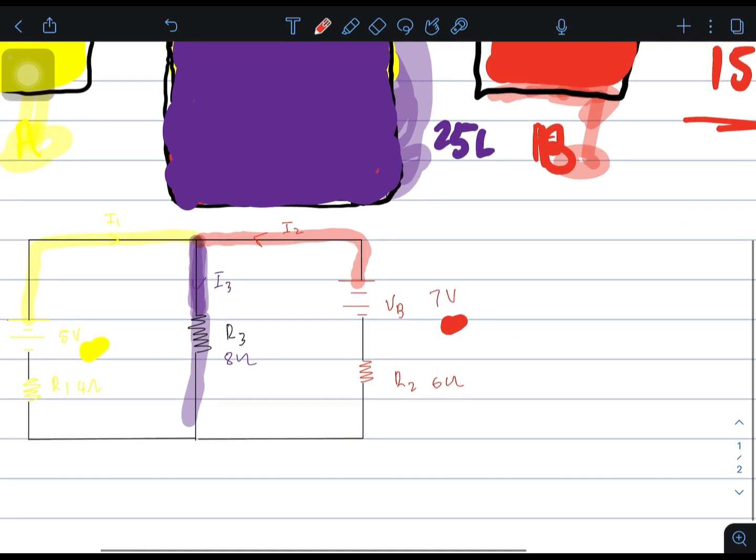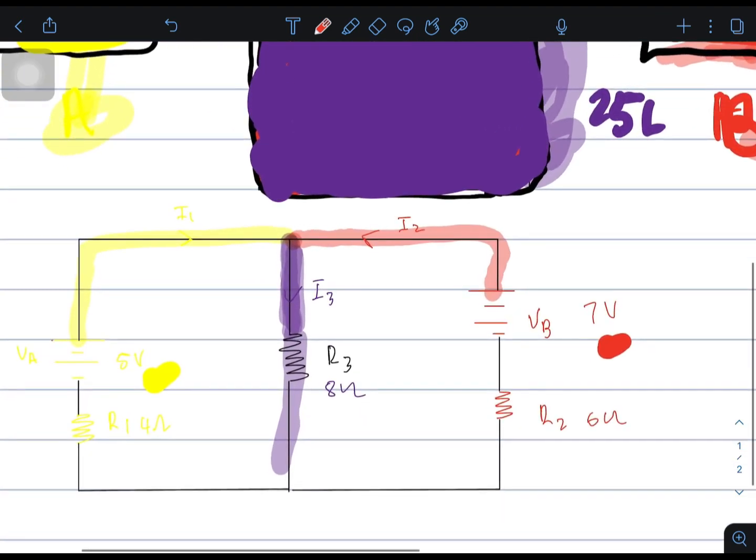So this is superposition. What we are doing is calculating how much current is delivered by each source separately. In other words, we first remove one source from the circuit and replace it with a short circuit.